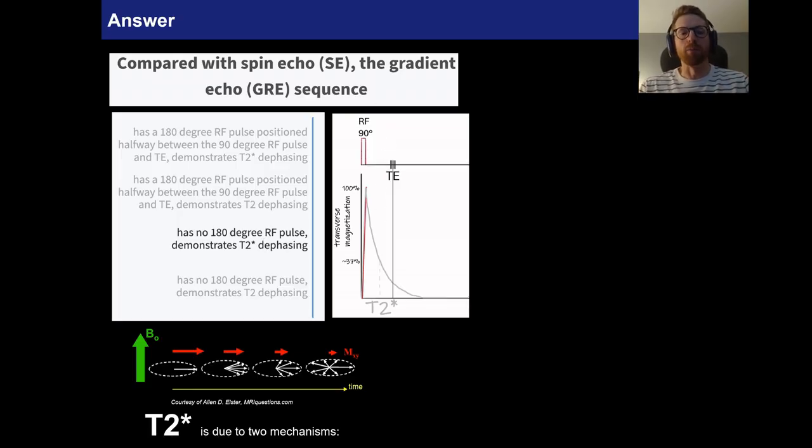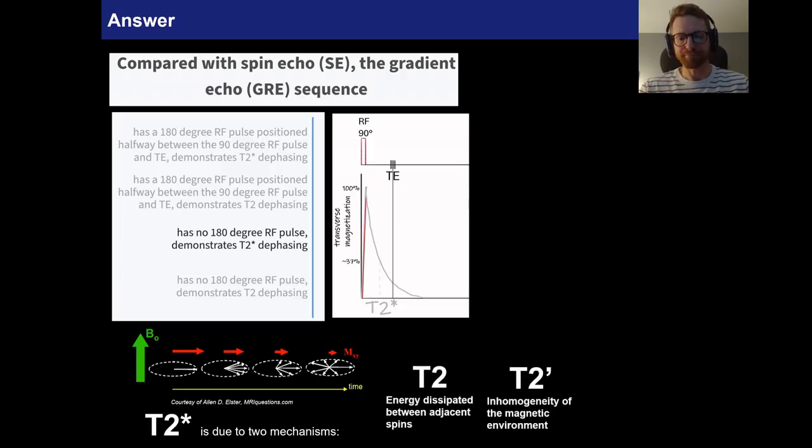So we're not losing transverse magnetization just because of T2. We're also losing it due to T2 prime, inhomogeneity of the local magnetic field. That's what's happening in a gradient echo sequence. In the gradient echo sequence, the time constant which describes the loss of transverse magnetization, the loss of phase coherence, is T2 star, because T2 star includes not just T2, but also T2 prime.